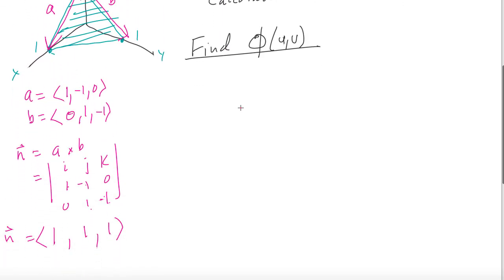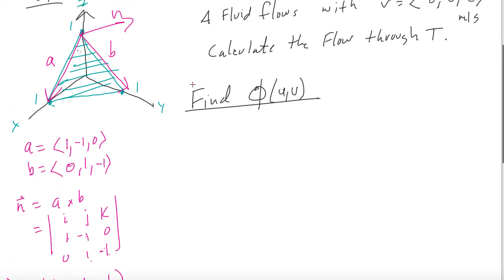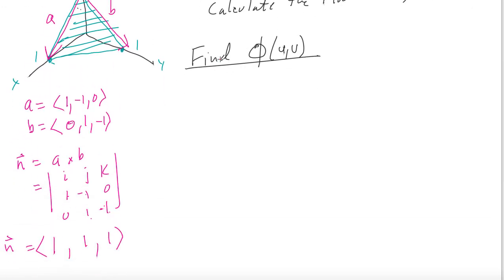To find this plane, we can use any point on there, so let's do 1, 0, 0. I'm basically going to again do P dot N is equal to d.